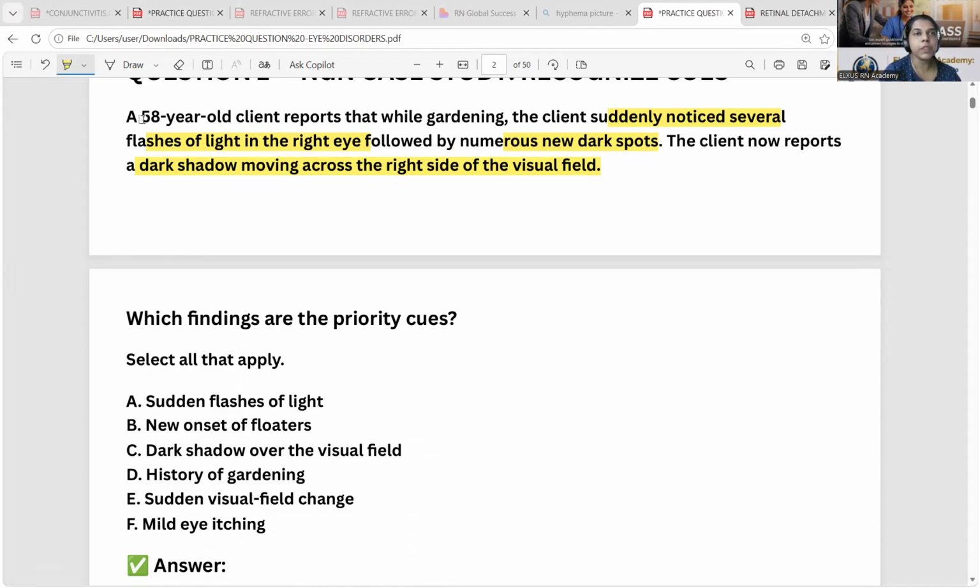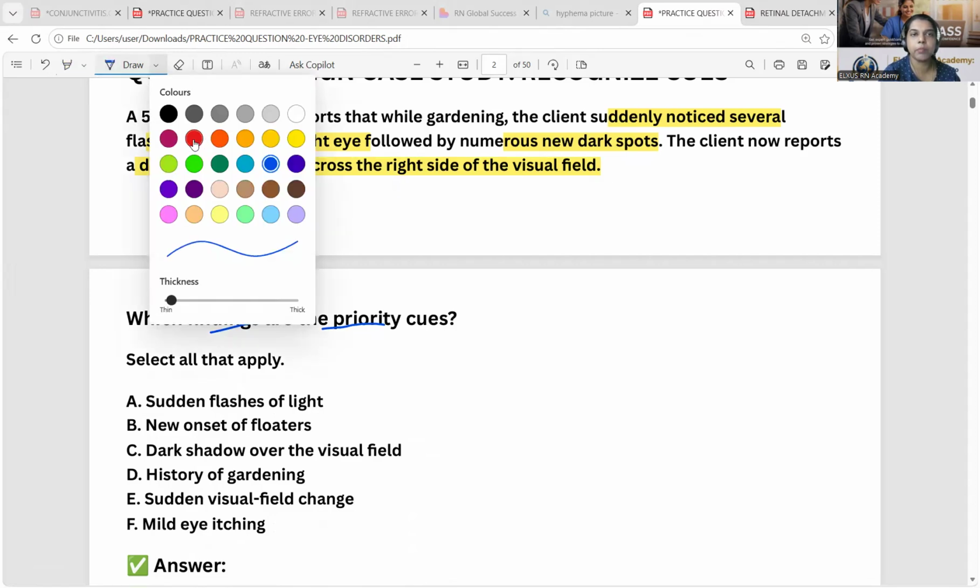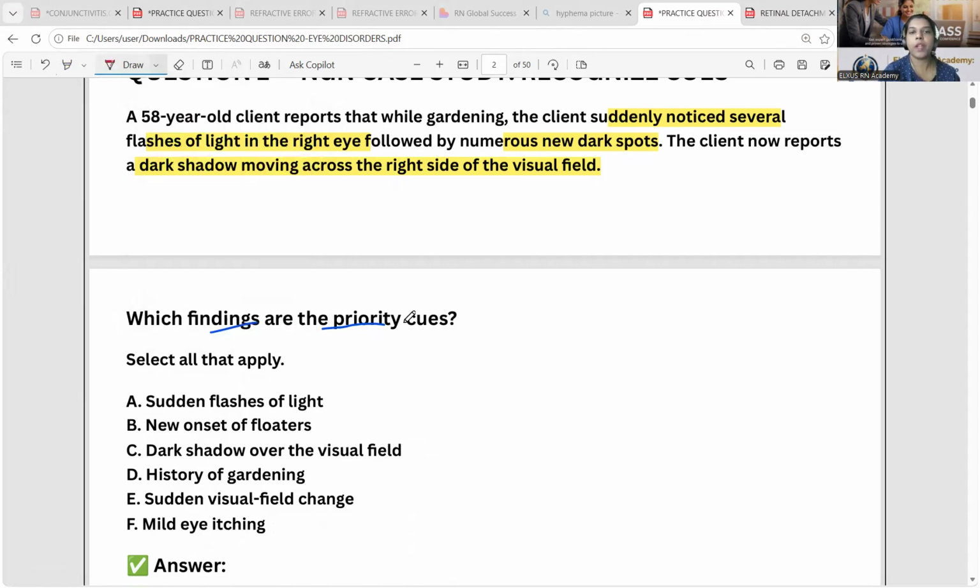In this question, it's asking which findings are the priority findings related to this condition. So we can read: sudden flashes of light. We know that if any client is showing symptoms of sudden onset of flashing of light, or in the scenario a dark shadow over the visual field, that can be a priority one.